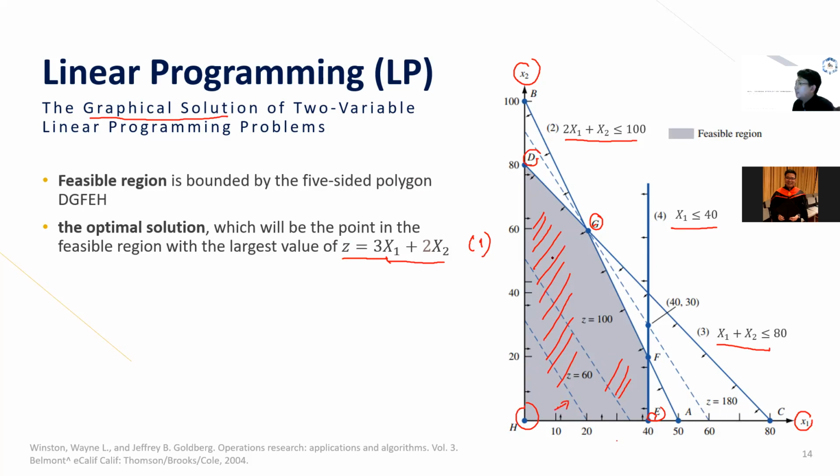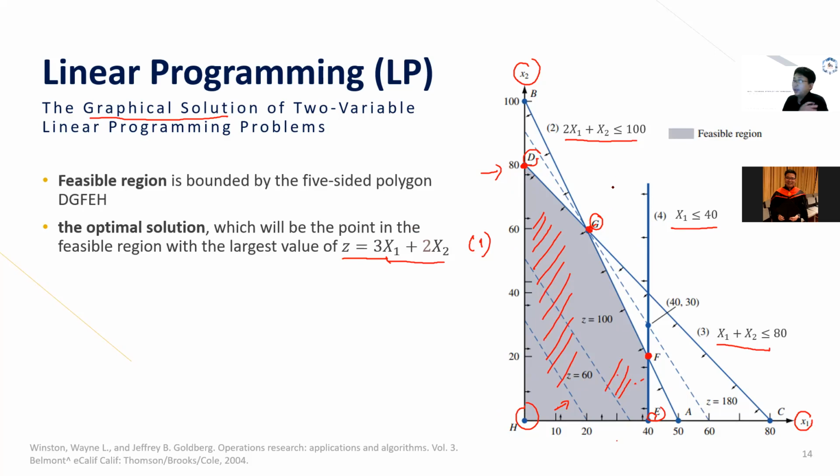Normally for this type of LP formulation, you may want to check the corner points at each intersection between two lines. So for example, D will give you how many, and G how many, and F how many, and also E. Of course, H will not give you the optimal because it's 0 and 0.